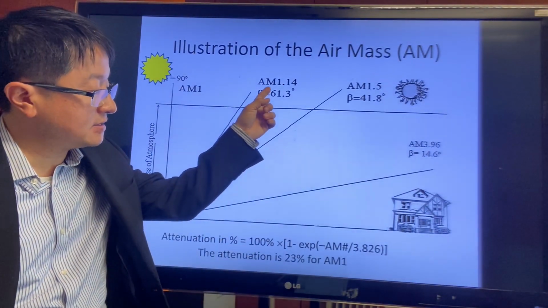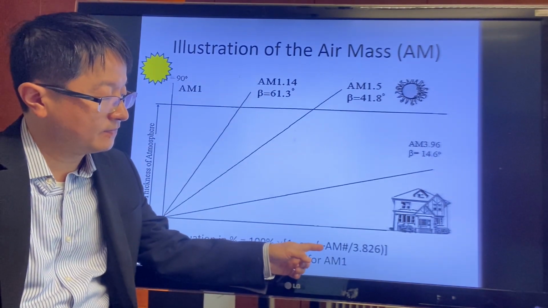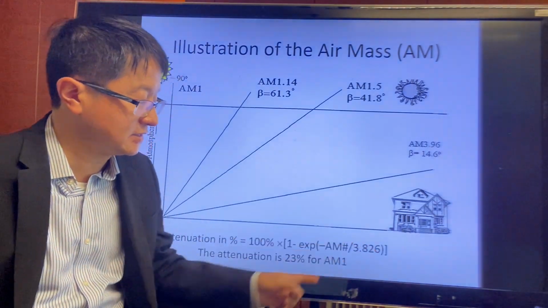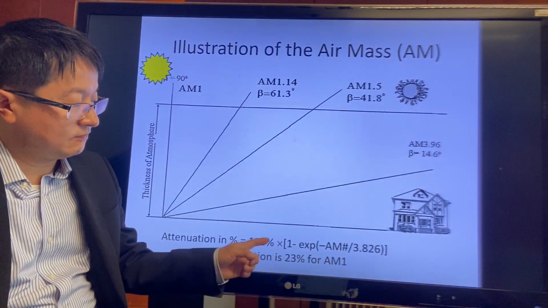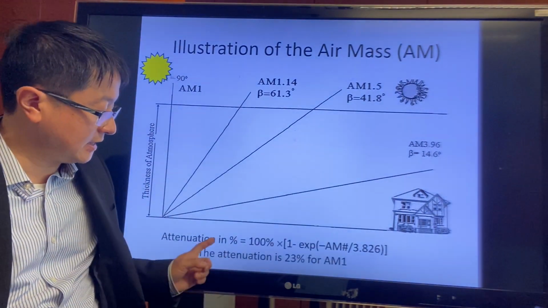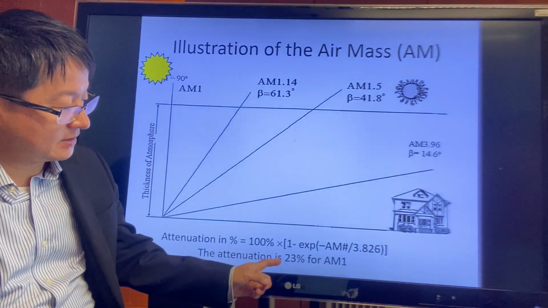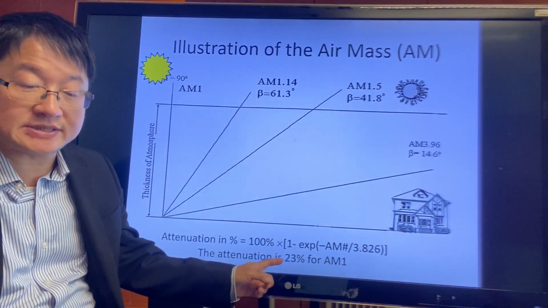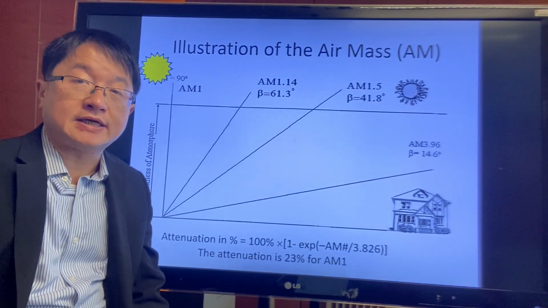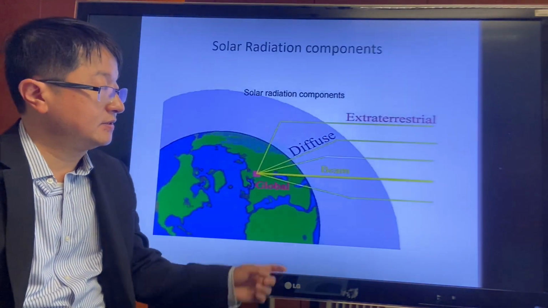Once we get the air mass number, we put it here: exponential to the power of minus air mass divided by 3.826, and then 100% multiplied by 1 minus this number will be the attenuation. So in this case, the attenuation is 23%. We can make use of these equations to find out the attenuation contributed by the atmosphere.